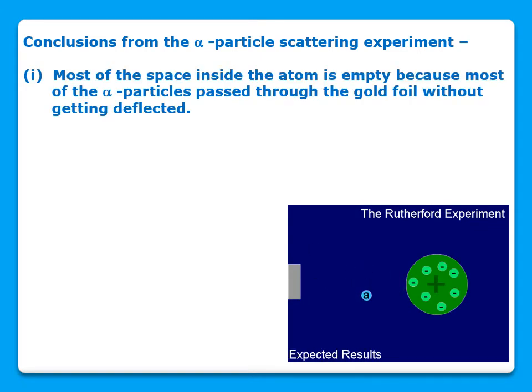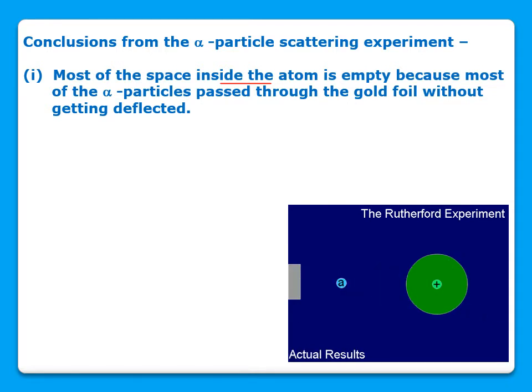The first conclusion was, see, most of the space inside the atom is empty. This was his first conclusion. The very important point made by Rutherford was that inside the atom, most of the space is empty. And why did he make it?